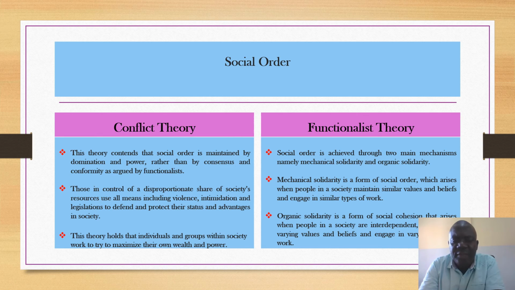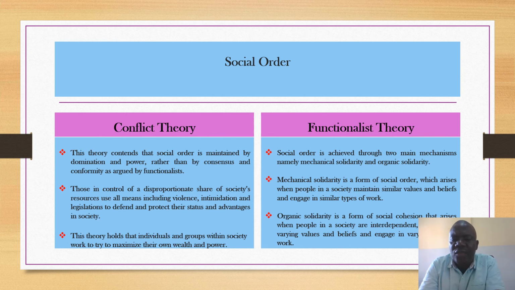While functionalism also believe that there is need for social order, but according to them, social order is achieved through two main mechanisms, that is mechanical solidarity and organic solidarity. Mechanical solidarity is a form of cohesion or social order which arise when people in society maintain similar values and beliefs and also engage in similar types of work.